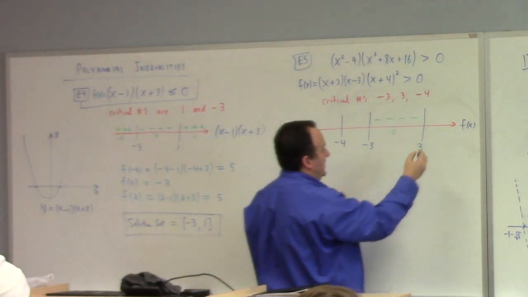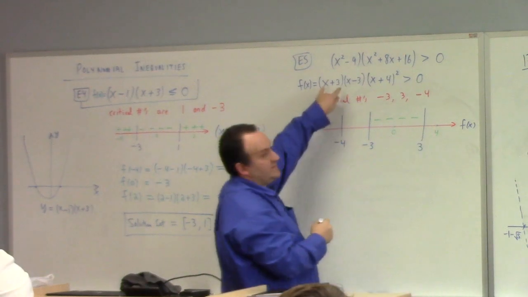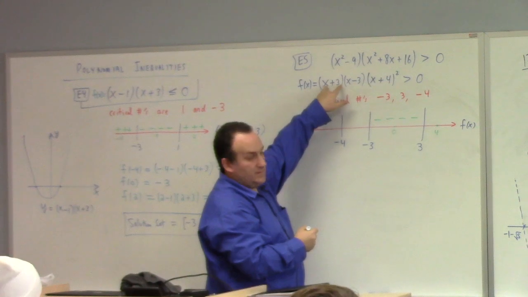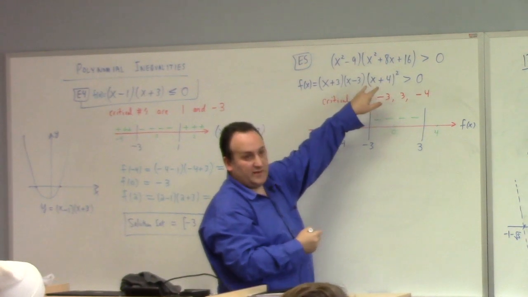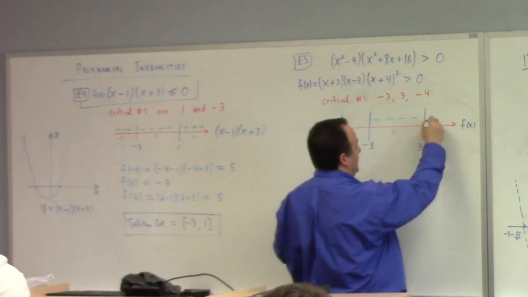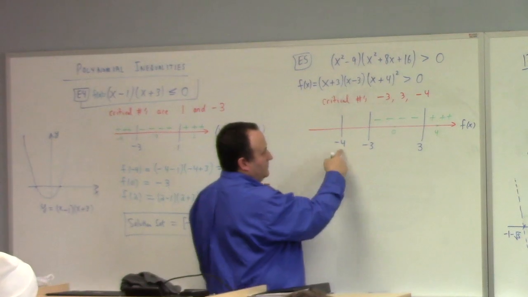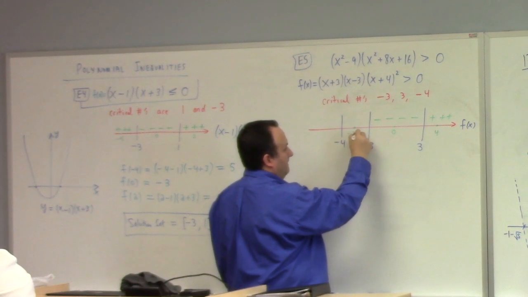I can plug in 4. What happens there? See, look at this expression. At 4, you have positive, positive, positive. Plus, plus, plus is plus. So a product of pluses is plus. What happens if, what's between -3 and 4? How about this? -3.5, I could plug that in, yeah?